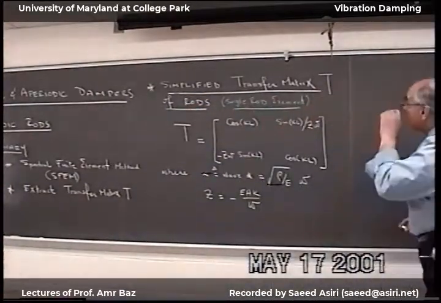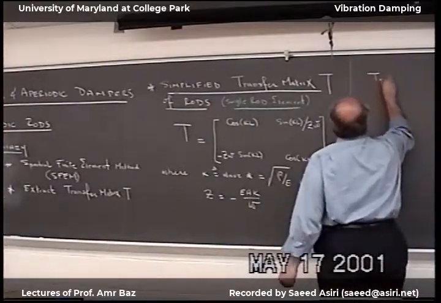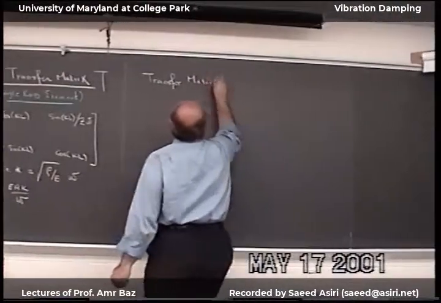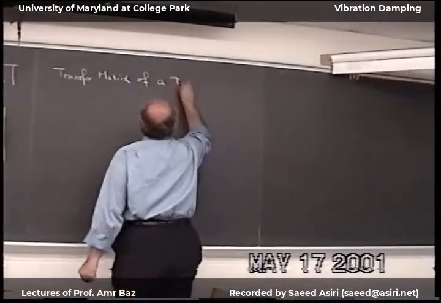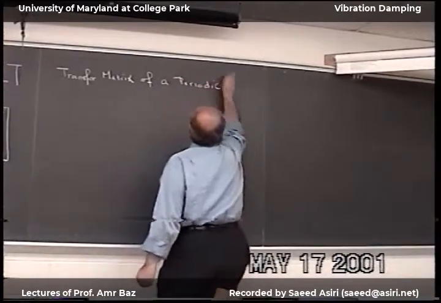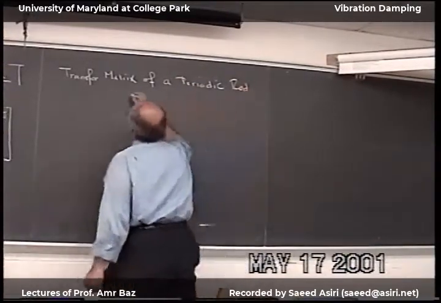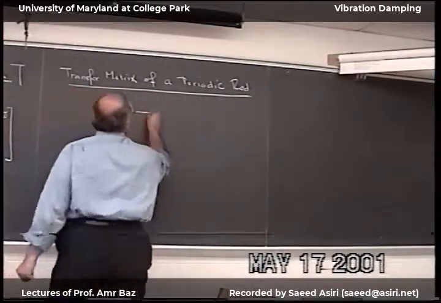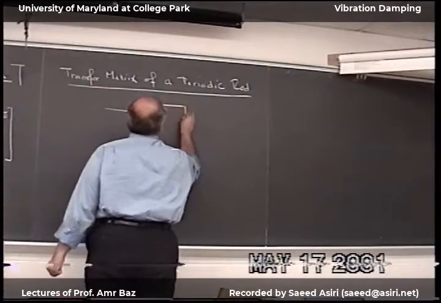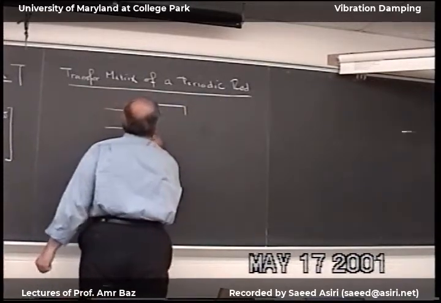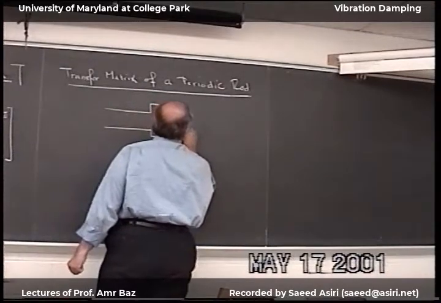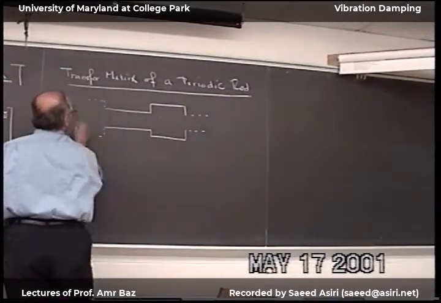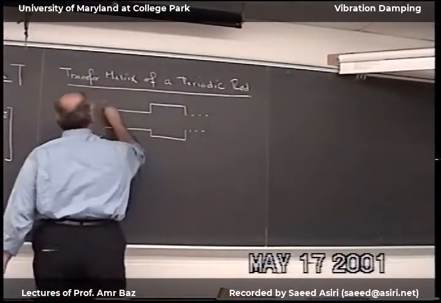And then now I'm looking at the transfer matrix of a periodic rod. So now our rod is like this, and this is my unit cell.